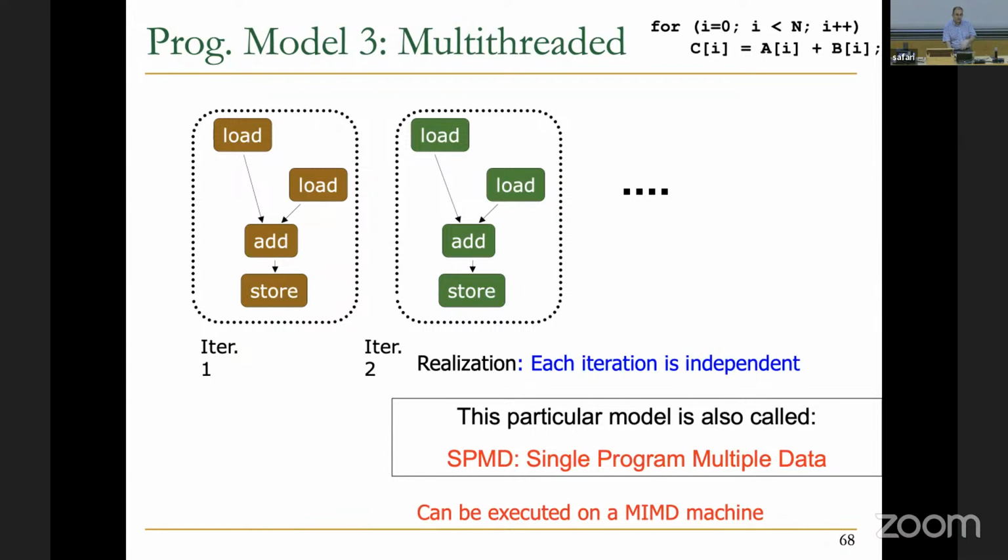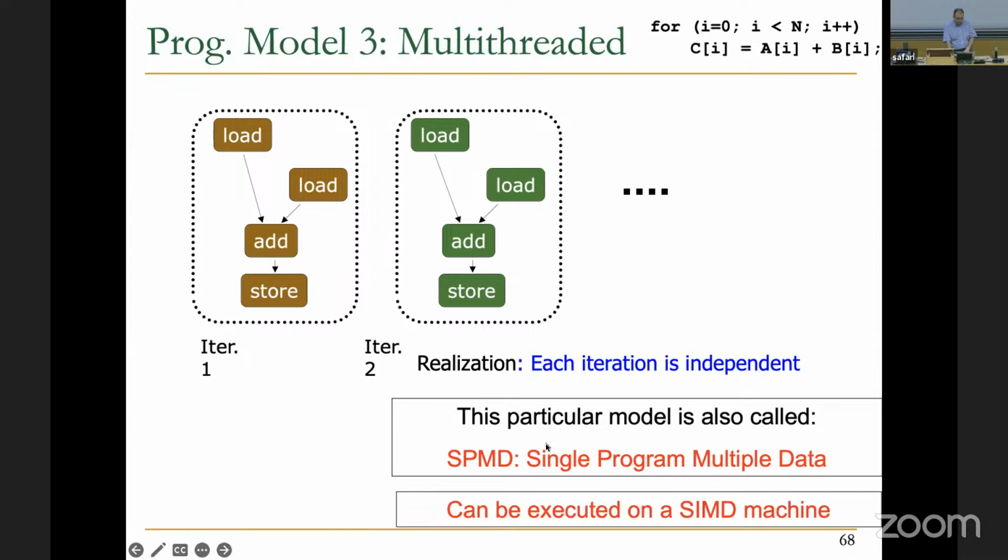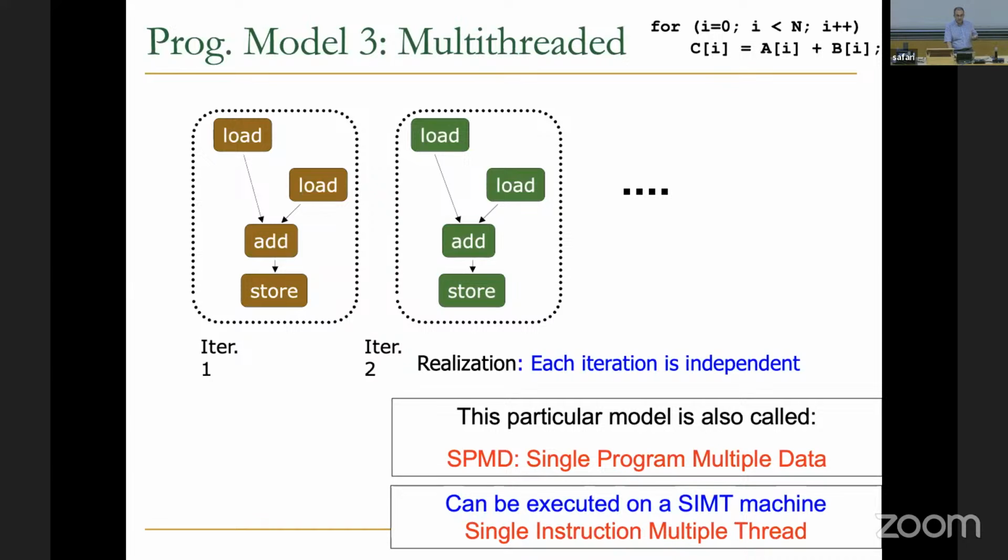We call this paradigm SPMD. But SPMD is a program model, and it can be executed on a SIMD machine, which is a GPU. So GPUs, in short, use the SPMD programming model, but use a SIMD machine underneath to accelerate. NVIDIA actually calls this machine SIMT, single instruction, multiple thread.